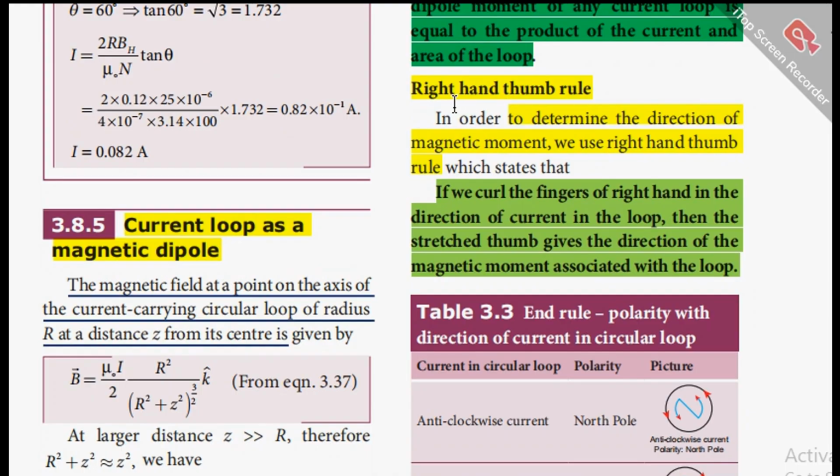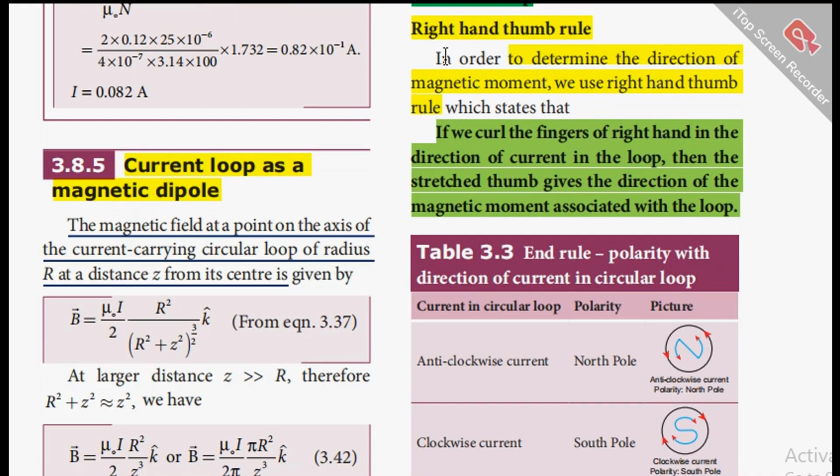Now we will see the right hand thumb rule. This rule is used to determine the direction of the magnetic moment. It states that if we curl the fingers of the right hand in the direction of current in the loop, then the stretched thumb gives the direction of the magnetic moment associated with the loop.